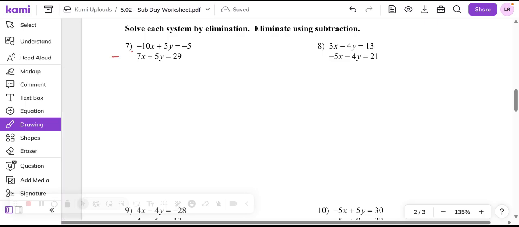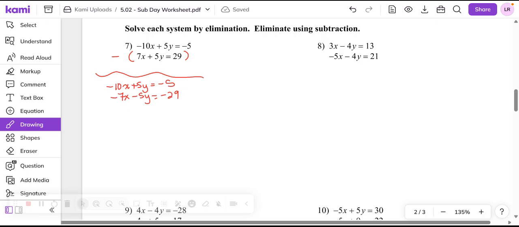Now, I am always a little leery of just writing my subtraction like this because I'm always afraid that I'm going to make a mistake. So typically what I would do is I would rewrite that bottom one, and this is going to be a negative 7x. That's going to be a negative 5y, and that's going to be a negative 29.